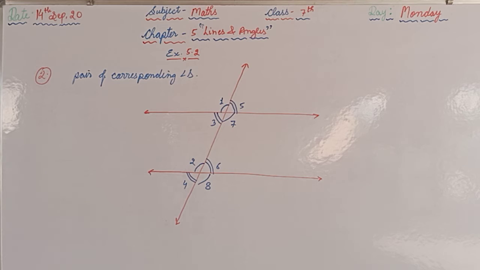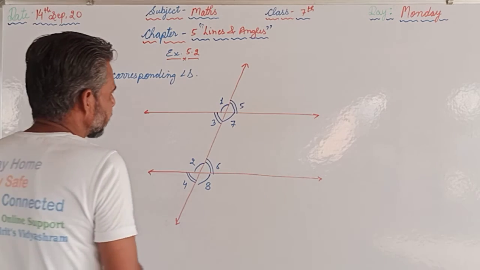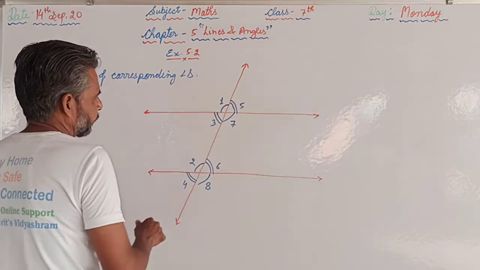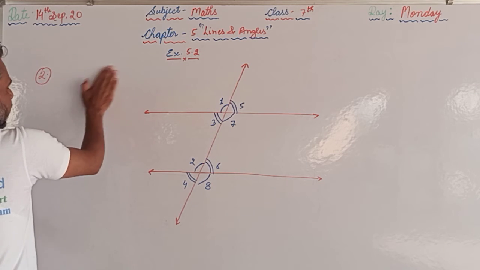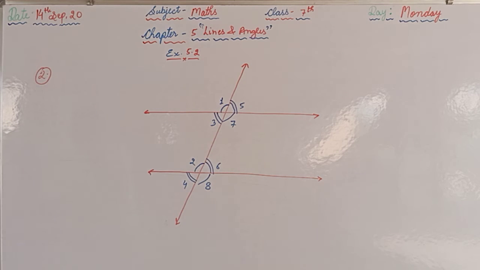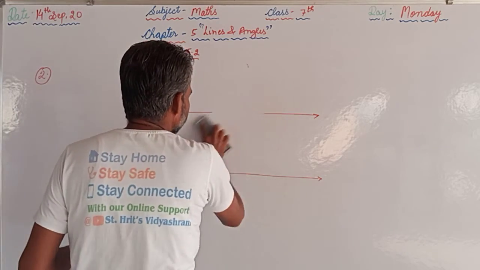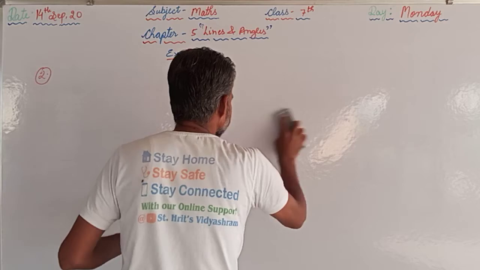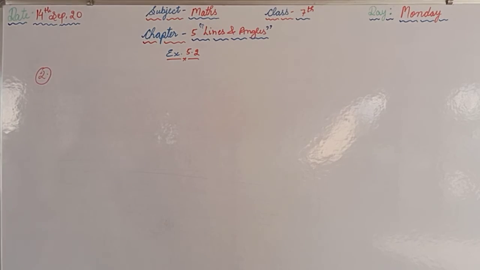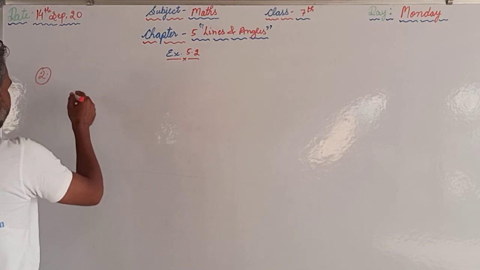Now after that, the second part is the pair of alternate interior angles. We will draw a separate diagram for that.